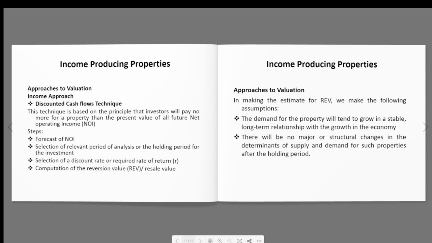In making the estimate of the reversion value, we make the following assumptions. The demand for the property will tend to grow in a stable long-term relationship with the growth in the economy. There will be no major or structural changes in the determinants of supply and demand for such properties after the holding period.